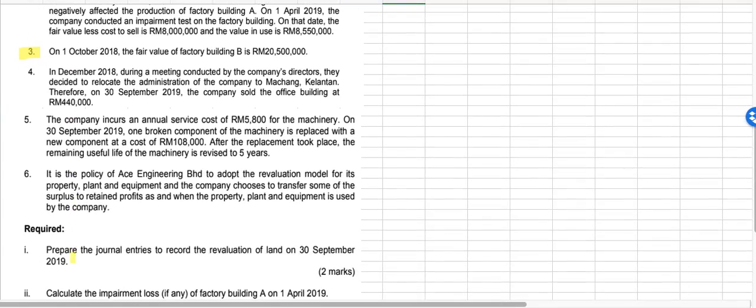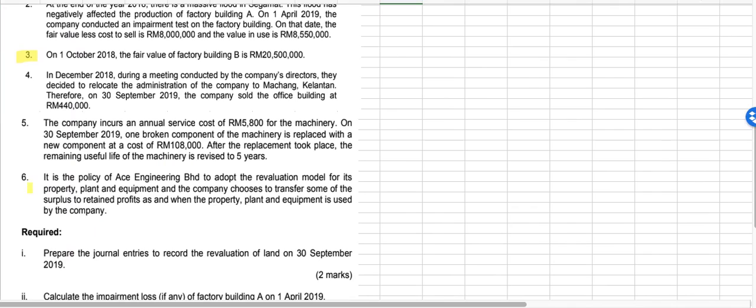We also look at information number 6, whereby the company chooses to transfer some of the surplus to retained profit when the PPE is used by the company.